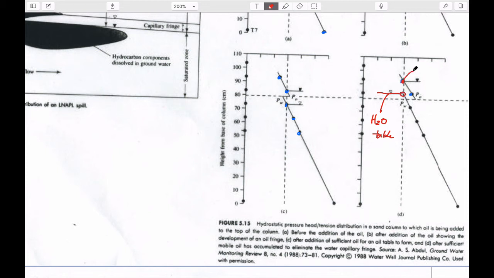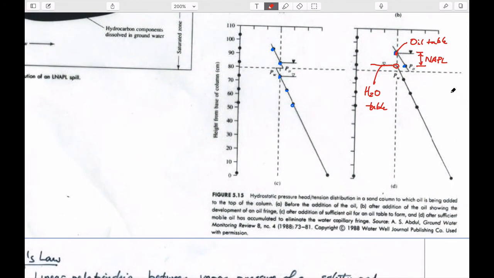And this is what we might refer to as an oil table. And in between here, we have a portion where it's saturated with oil. So this is the material here that we'd like to be able to remove at some saturation. So this is gasoline, if you like, or what we've called an LNAPL.